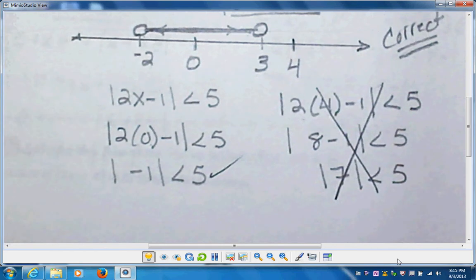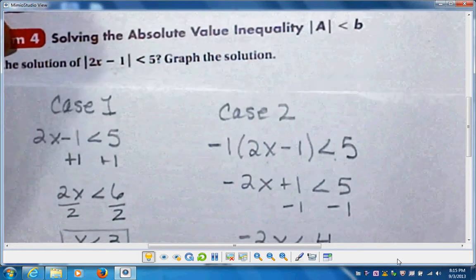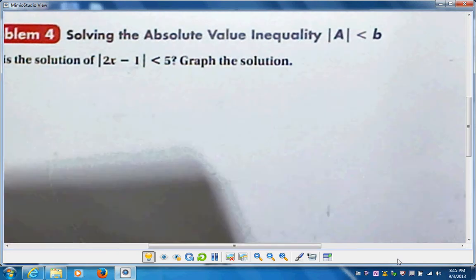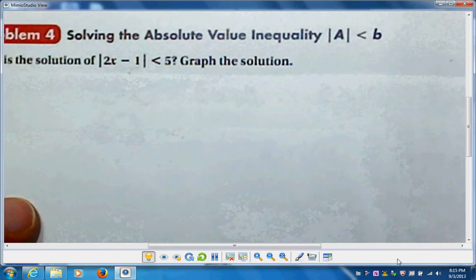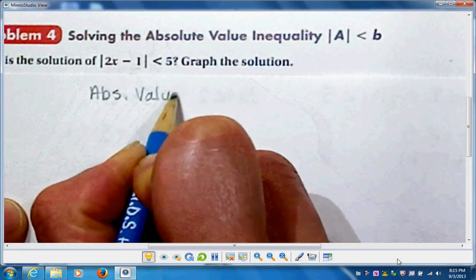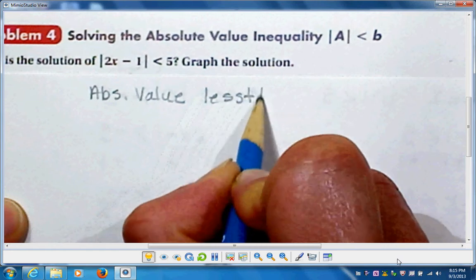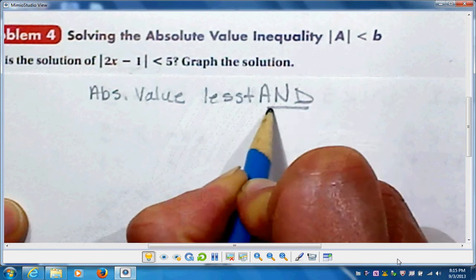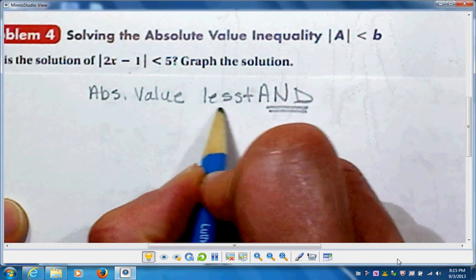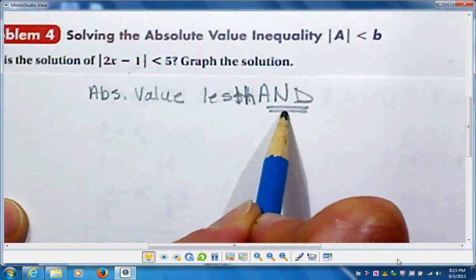Now another way you can remember this without going through all that trouble is to look at our absolute value sign. Notice how we say this: the absolute value is less than. Notice I use the word and.